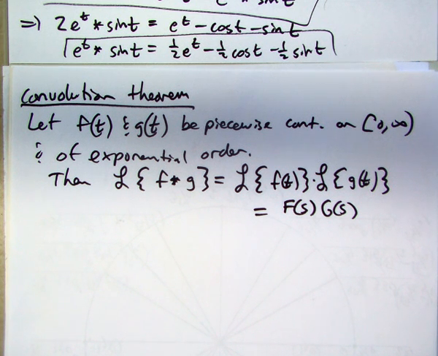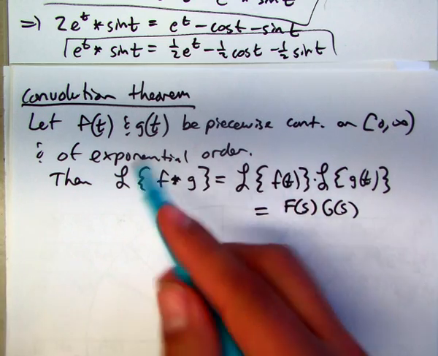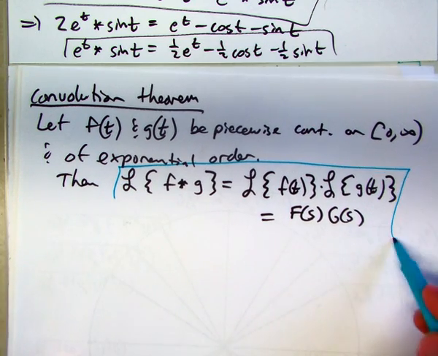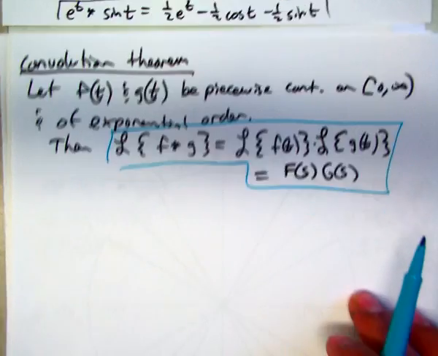We're going to omit the proof just because we're getting short on time. I want to make sure we finish, but here's what you need to remember. This and the inverse form, which we'll talk about in a minute, will be pretty useful.